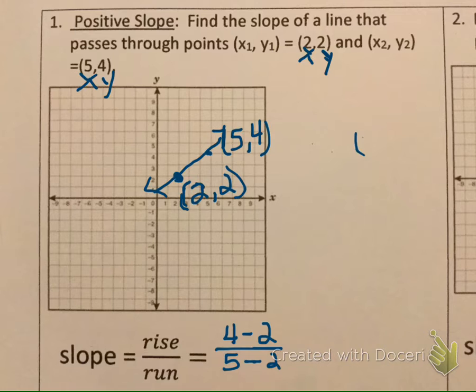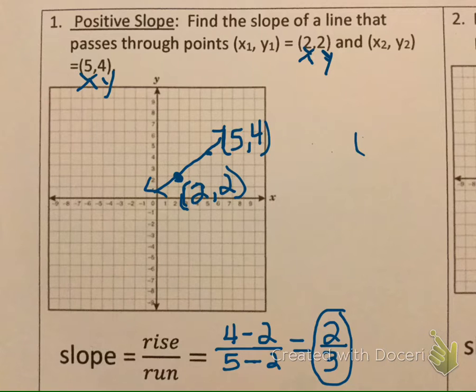That would be my change in y over my change in x, or my y minus y over my x minus x. 4 minus 2 is 2. 5 minus 2 is 3. So the slope would be 2 to 3. Okay, the ratio of the change in y over the change in x. That's the rate, that's the slope of the line.